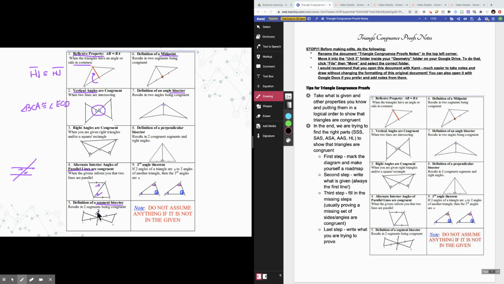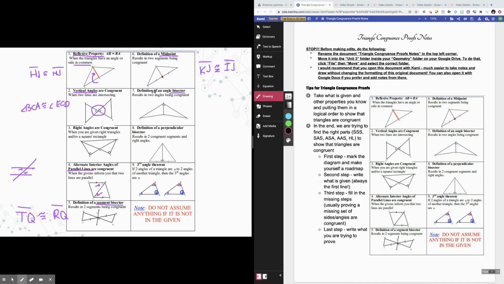So in this one down here, for example, this would be side TQ is congruent to side RQ, because I'm using the definition of a bisector. I know that a bisector creates two congruent parts. Same thing for the midpoint up here. A midpoint creates two congruent parts. So I would say, for example, side KJ is congruent to side IJ.